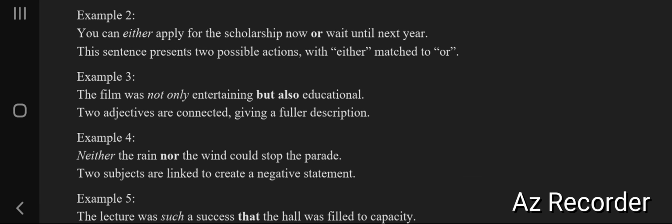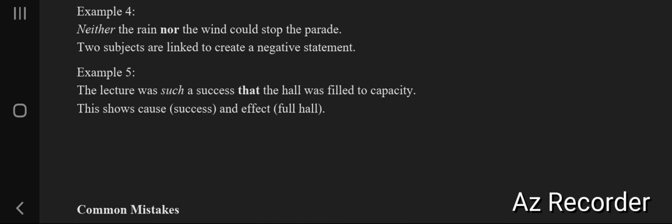Example 3. The film was not only entertaining but also educational. Two adjectives are connected, giving a fuller description. Example 4. Neither the rain nor the wind could stop the parade. Two subjects are linked to create a negative statement. Example 5.